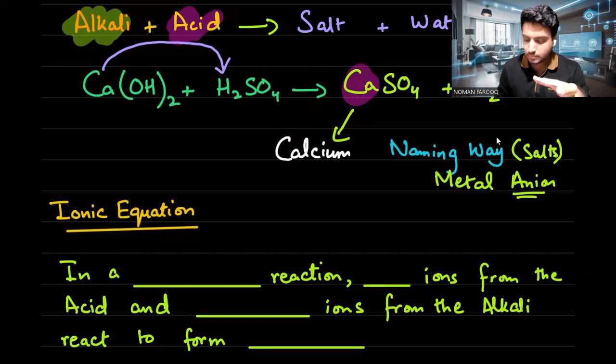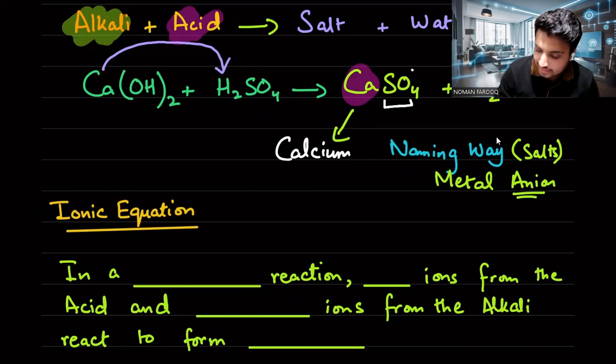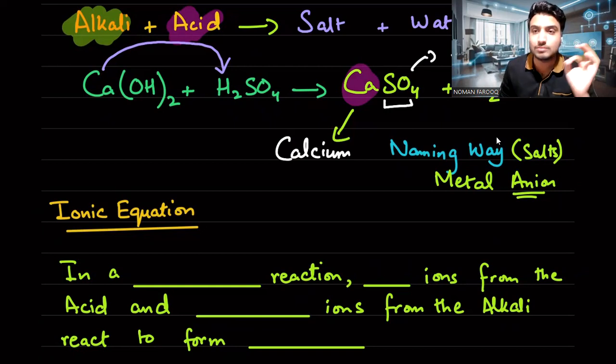First portion is calcium and second is basically the anion. This anion is read as sulfate. So that's why it is read as calcium sulfate.